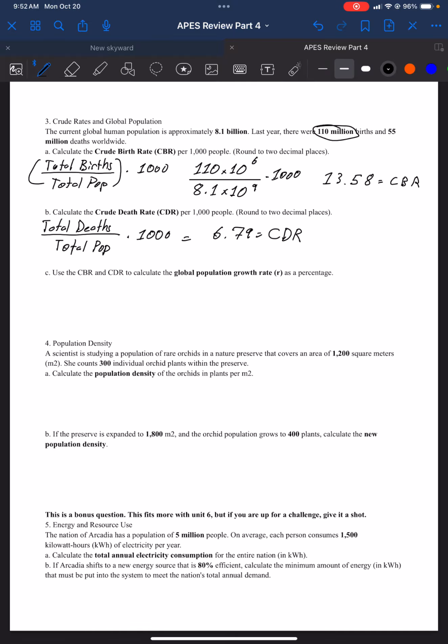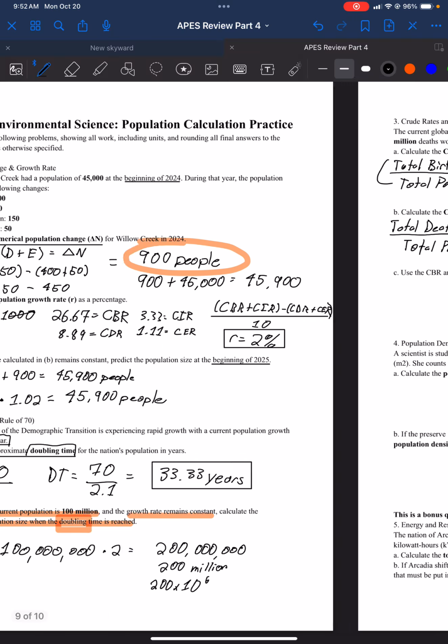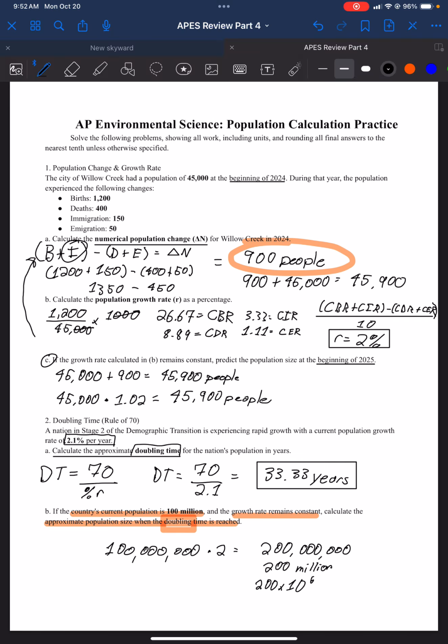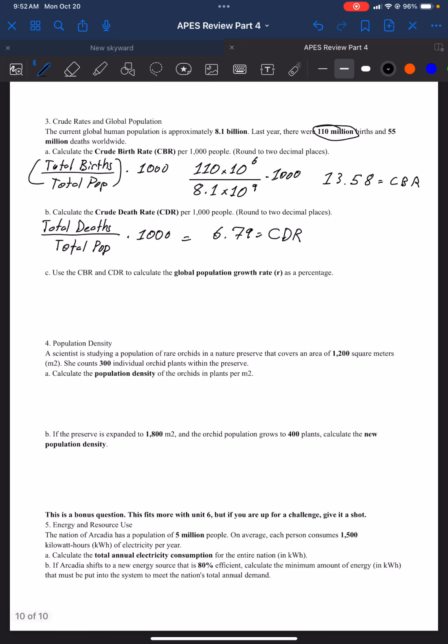There we go. Perfect. Now, on the previous page, we took into account immigration and emigration. We don't do immigration and emigration here because this is for the world. No one is entering or leaving the earth. So immigration and emigration cancel each other out. Now, for my growth rate, it's crude birth rate minus crude death rate, because again, we're ignoring immigration and emigration, divided by 10.